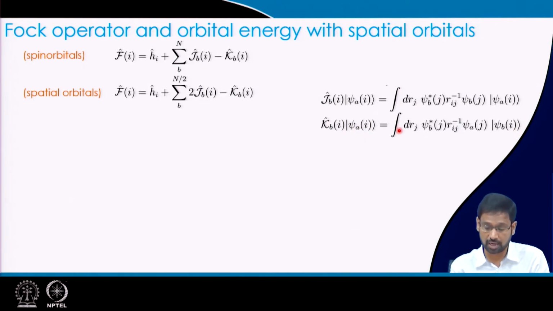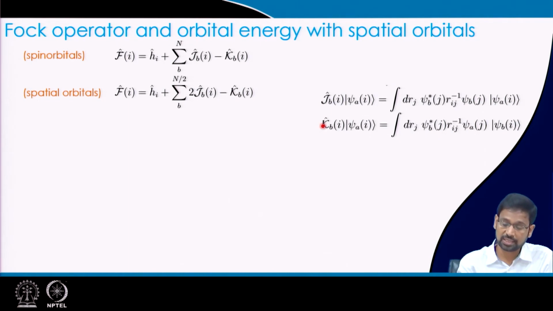So, this is not an eigenvalue equation. So, psi_a(i) goes to psi_b(i). Now, the rest of the part which depends on electron j is psi_b star (j) on the left hand side, psi_a(j) on the right hand side. Therefore, there is no probabilistic interpretation here, there is no classical description like we had in the Coulomb term. So, this is my exchange operator.